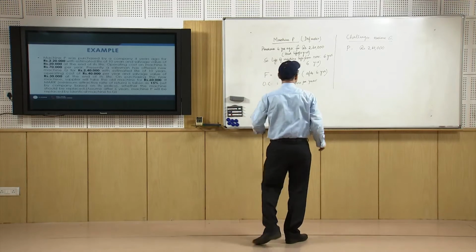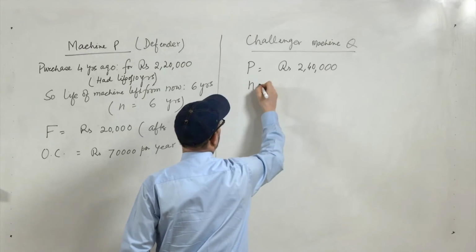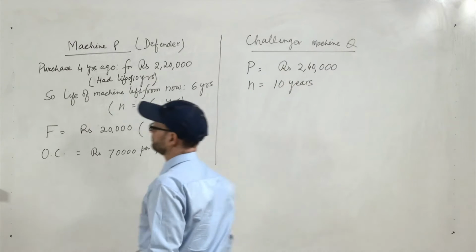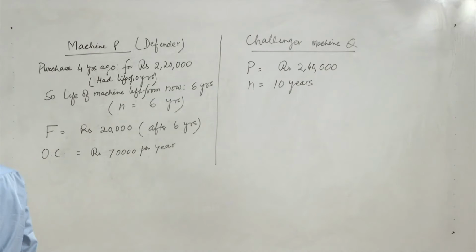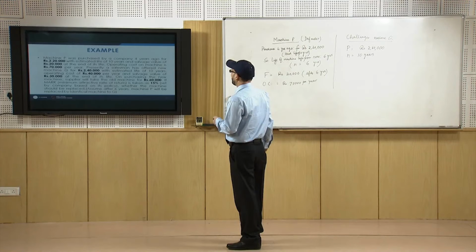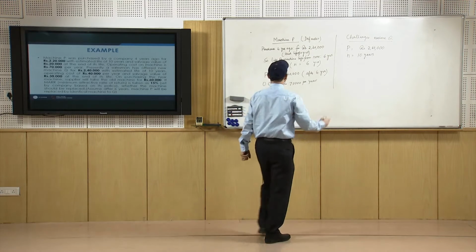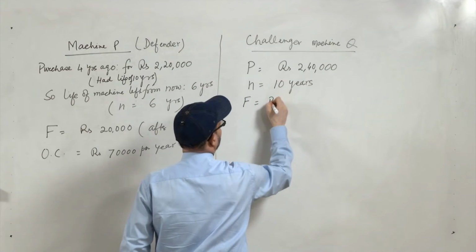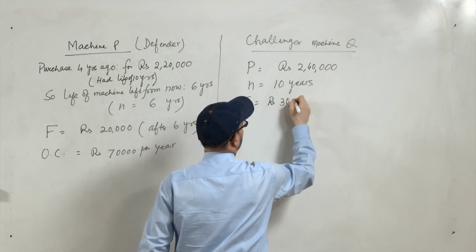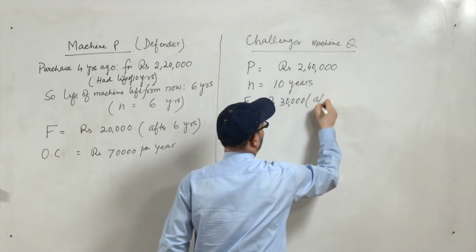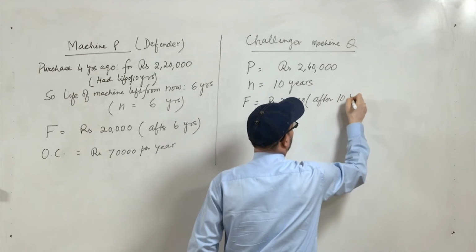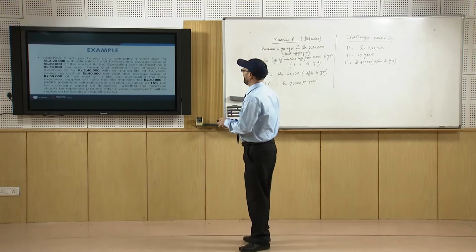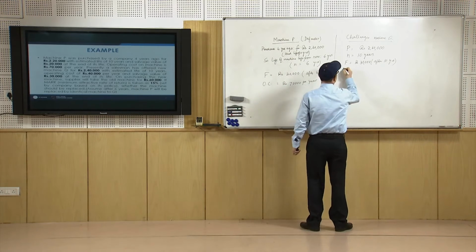It has a life of 10 years. After its life, it will have a salvage value of 30,000, so F will be rupees 30,000 after 10 years. And its operating cost is 40,000.